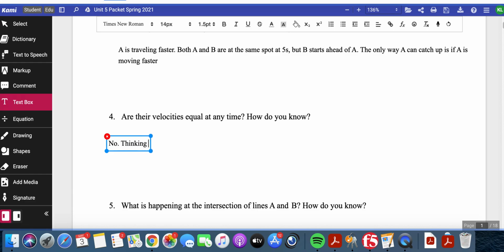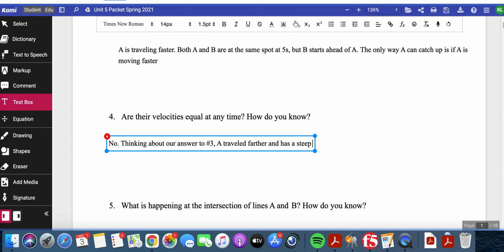So thinking about our answer to number 3, A traveled farther, and has a steeper slope.